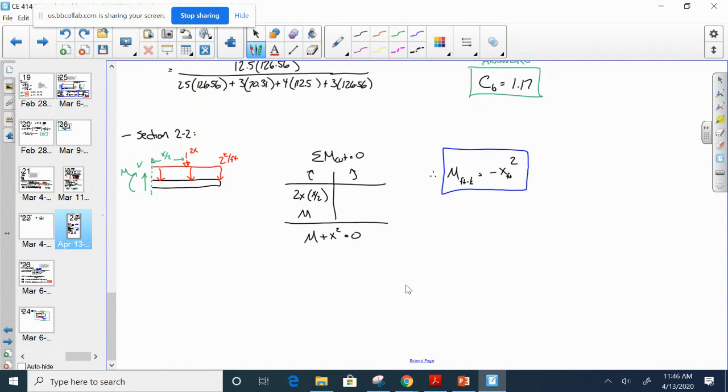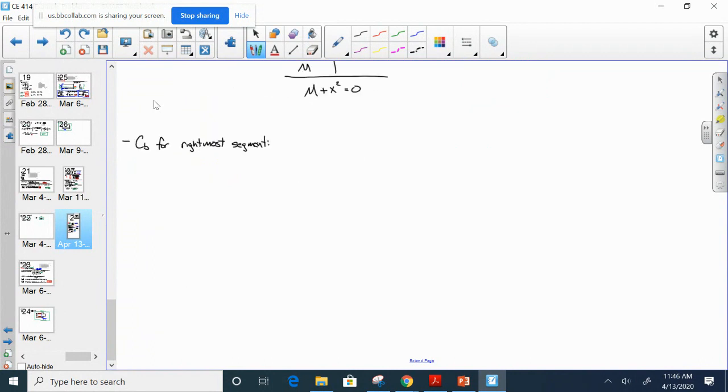Okay, so I'm going to go through this one a little faster since we just did this and all the unbraced segments are the same. Now if I look at CB for the rightmost segment, again, we know that LB is 15 feet. So LB over 4 is 3.75 feet.